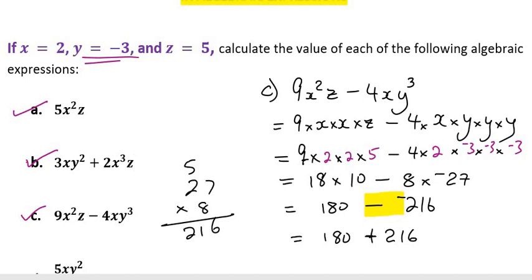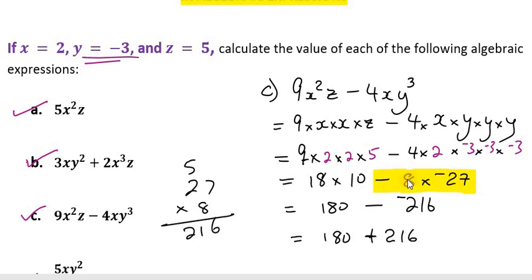Now what you could have done from the get-go, since we're multiplying this portion here, you could say, well, you know what? Let's take the sign before the 8. We see a minus sign before the 8, but we're going to treat it as negative 8. And we're going to say negative 8 times negative 27.